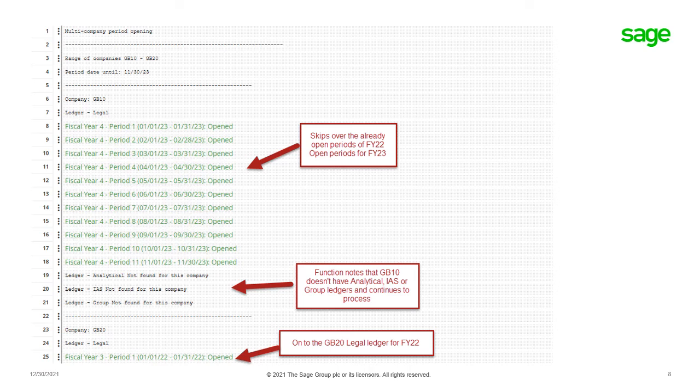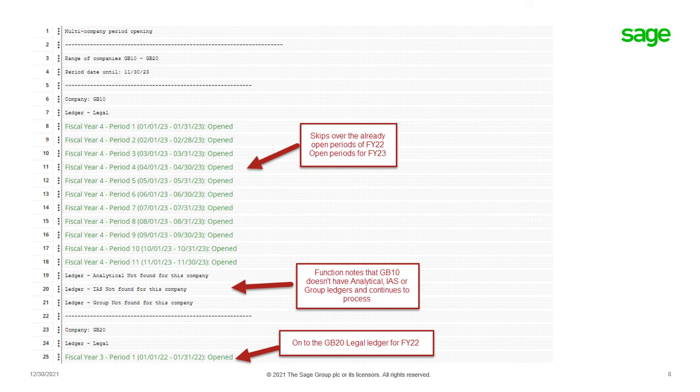Okay, so let's look at the log that was generated. It starts up here, telling us our range of companies, which was GB10 through GB20. The last period that we're going to open is 11/30/2023. First comes up GB10, and it skips over the already open periods of fiscal year 22 and moves in to open the periods for fiscal year 23.